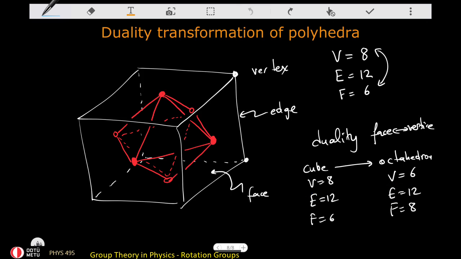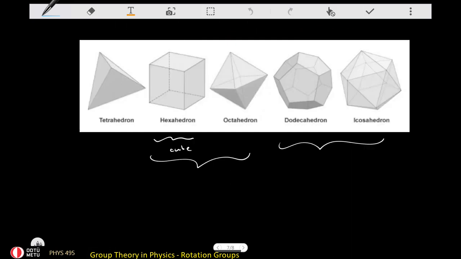Okay, so I can also apply a duality transformation to the octahedron, but what we are going to get is basically a smaller cube in here, which has the same alignment with this bigger cube. So I think I'm going to do this in here. If I take all the midpoints of the faces in here, the faces are of course triangles, so you can see that there are these 8 vertices.